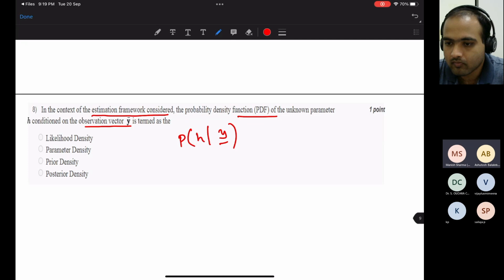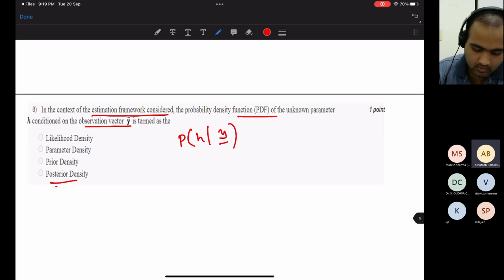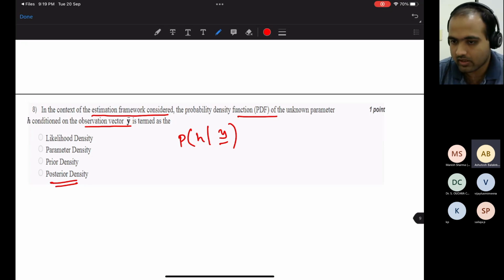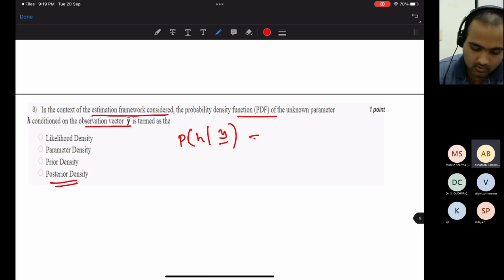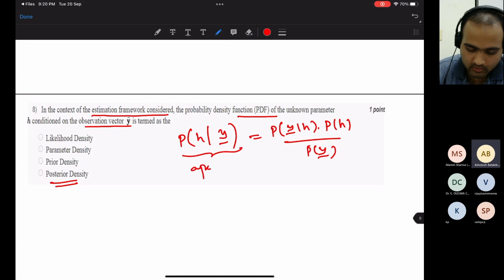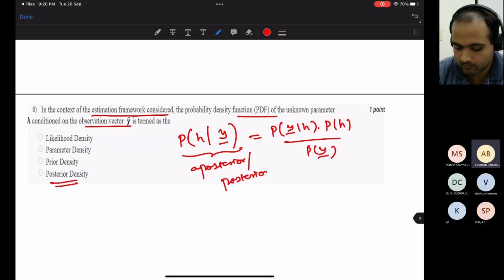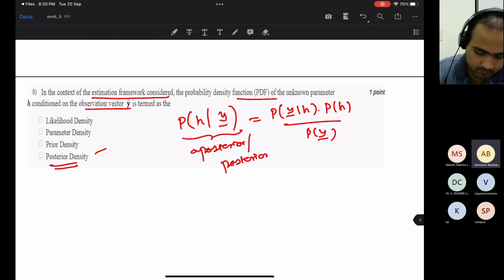Sir, this is a posterior density. Right, this is called the a posteriori or posterior. This is p of h given y. As per the question, you need to construct the PDF, which is probability of y given h times p of h over p of y. So this is the posterior density.